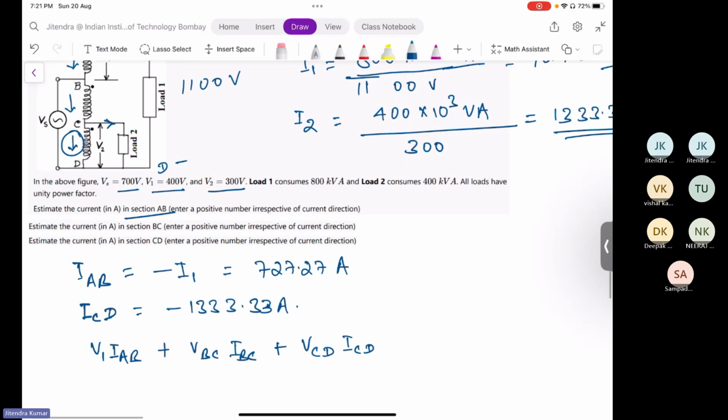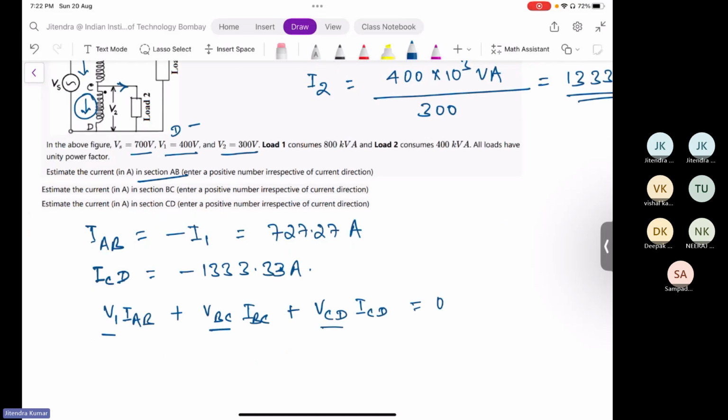Instead of VCD, you could have used NCD or NBC, but if you replace that with voltage, you get V1, VBC, VCD at the end. So this is essentially the MMF balance, or you can say the power balance equation as well.